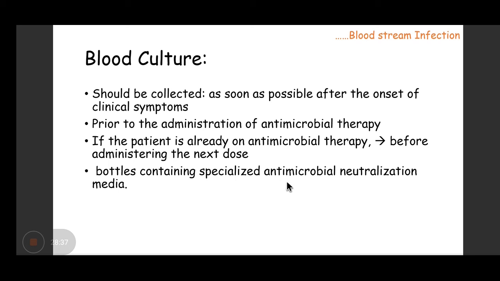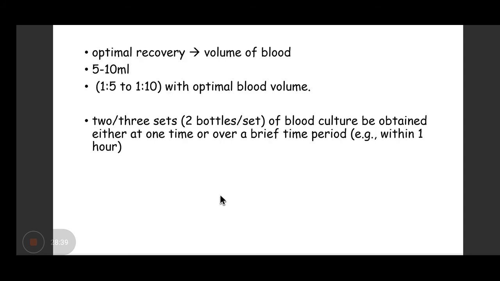Right. So how much blood should you culture? You should culture at least 5 to 10 ml blood in one culture bottle. And you have to send two culture bottles in one set. So 5 to 10 ml blood in each of two bottles will be called one blood culture set.